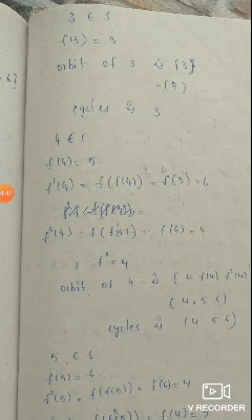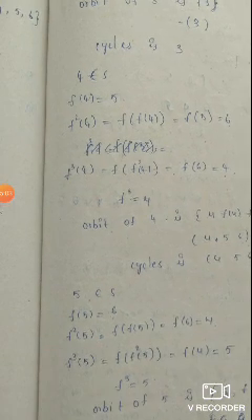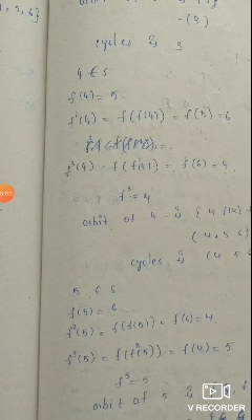The element in the second row against 3 in the first row is 3. So directly in one step we got f(3) equal to 3, the same element. So the orbit is 3 and the cycle is (3).